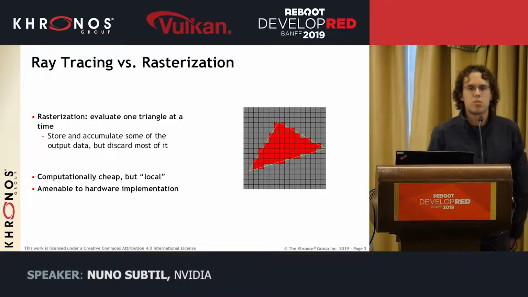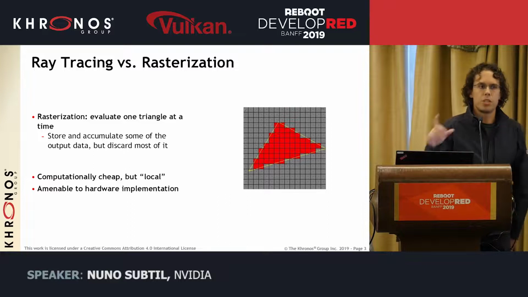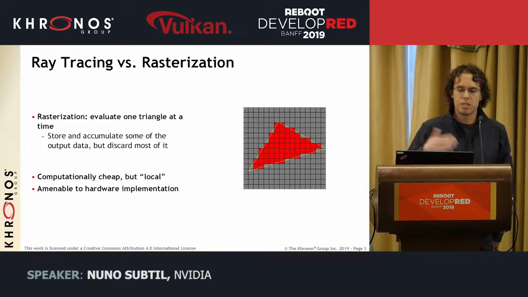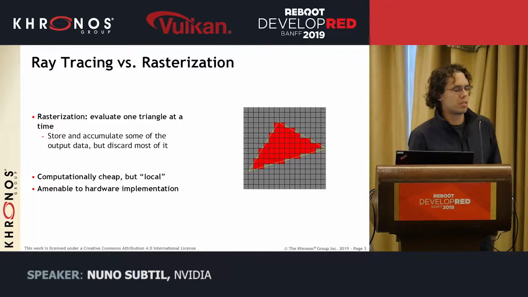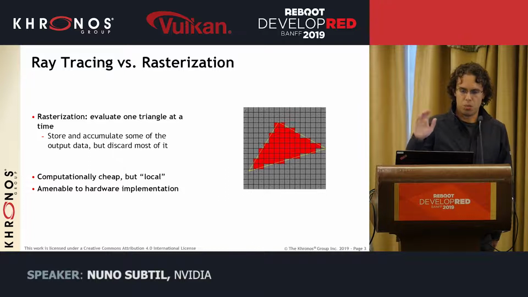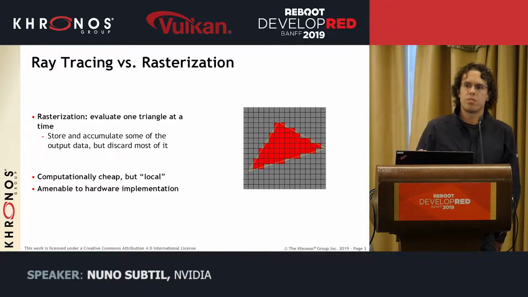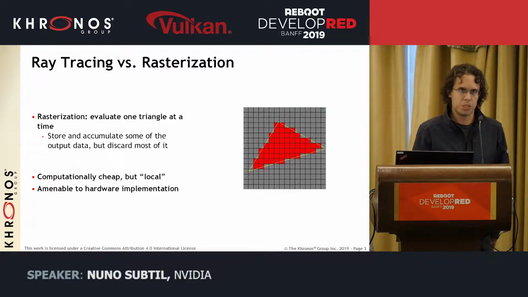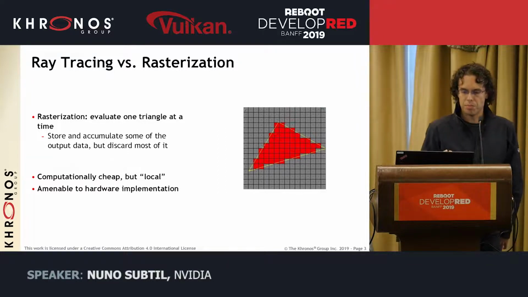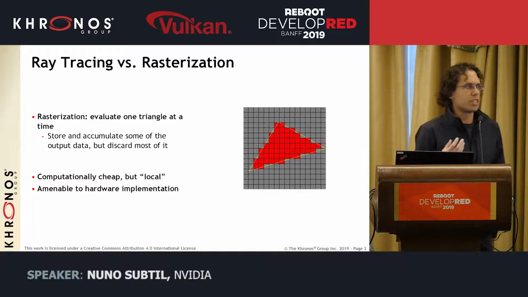With rasterization, what you're doing is traversing that list, and for each triangle individually, you're going to process it: you're going to run your vertex shader, project those vertices onto the screen, and then the rasterization bit is where you figure out which pixels on the screen are actually covered by your triangle. And for each of those pixels, you're going to run some sort of pixel or fragment shader to determine the color of that pixel. So effectively, the rasterization will compute a number of things for you.